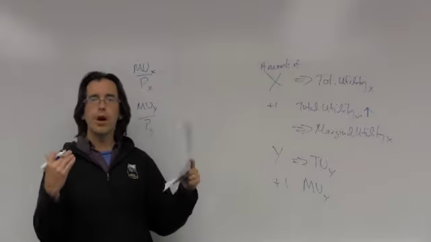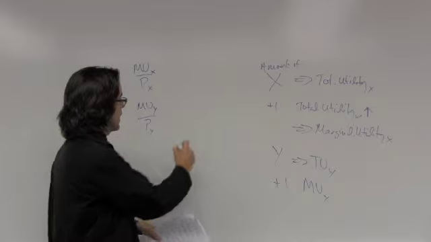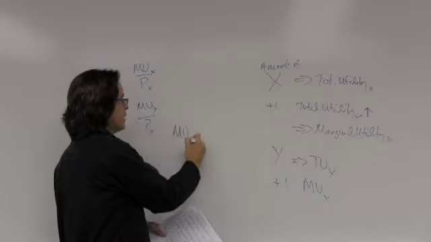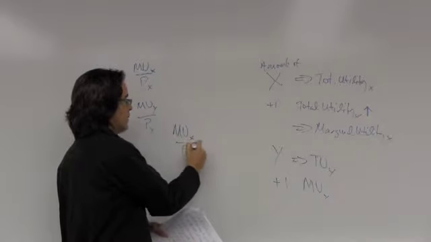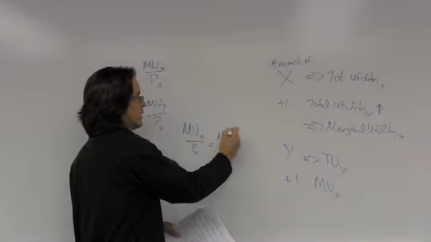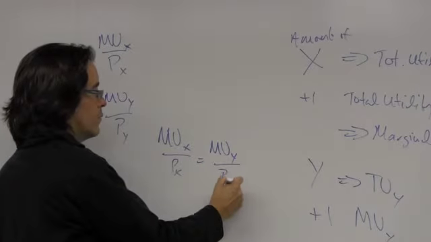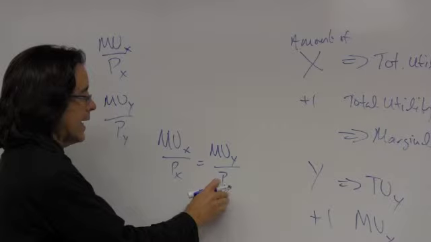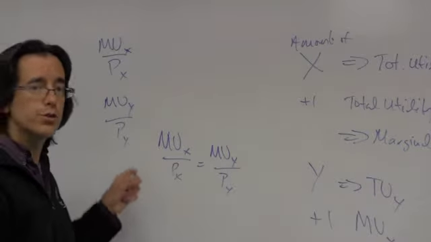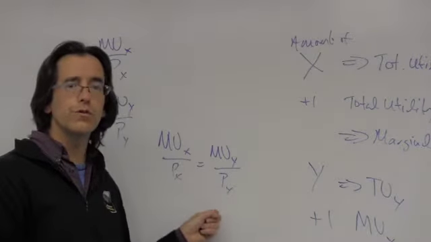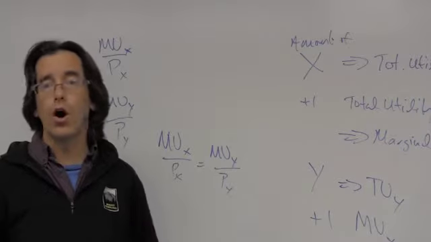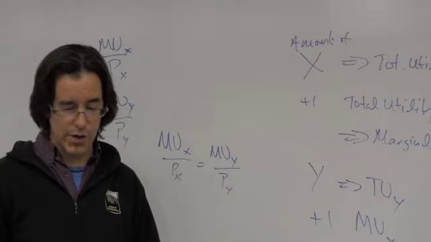So this is a marginal decision rule. What we end up with at the optimal point, when we no longer want to reallocate, is when the ratio of marginal utility to price is equal for the two goods, or for all goods being addressed.